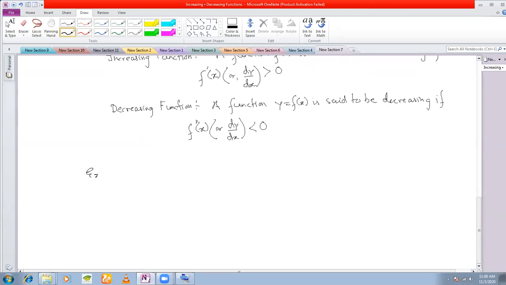Okay, example 1. Show that f(x) is equal to x minus 4 by x is an increasing function.